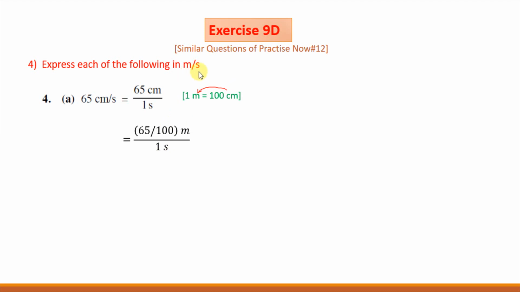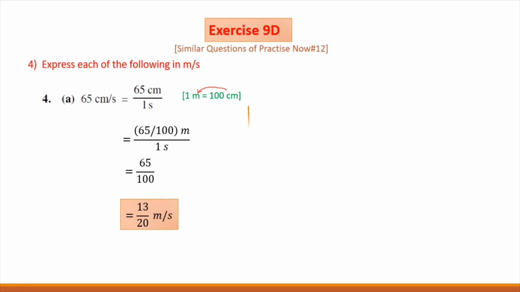So our answer should be in this form. Therefore we are not going to change this one, but 65 divided by 100 divided by 1, that will be equals to 65 divided by 100. And when we will simplify it, the answer will be 13 by 20 meter per second. So this is the requirement, and therefore this is the answer of our part A of question number 4.